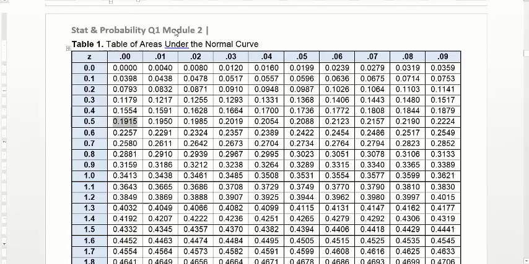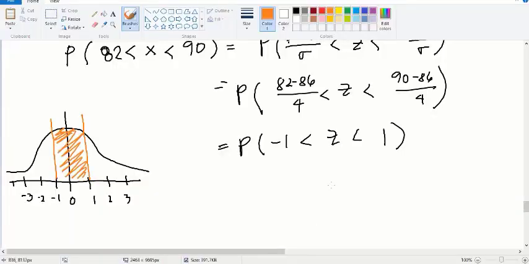Dito sa z-table. So, 1, ito. 0.3413. So, how are we going to get the shaded part? Obviously, kung ito, papunta dito ay 0.3413, ibig sabihin, this is symmetrical as this one. So, i-add mo lang siya.